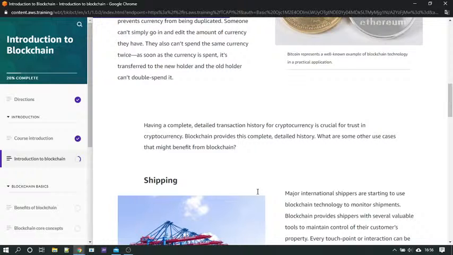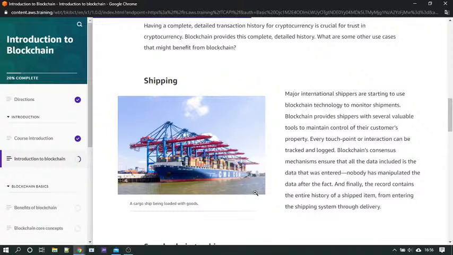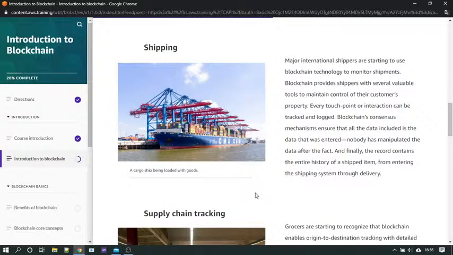What are some other use cases that might benefit from blockchain? Shipping. Major international shippers are starting to use blockchain technology to monitor shipments. Blockchain provides shippers with several valuable tools to maintain control of their customers' property.